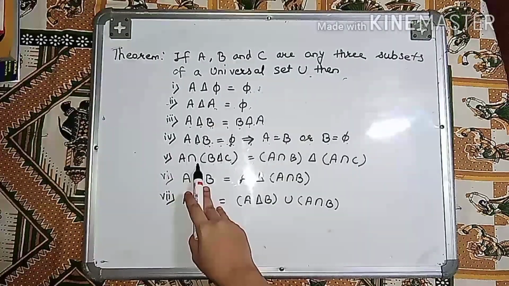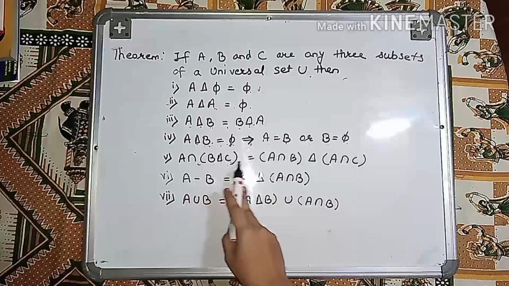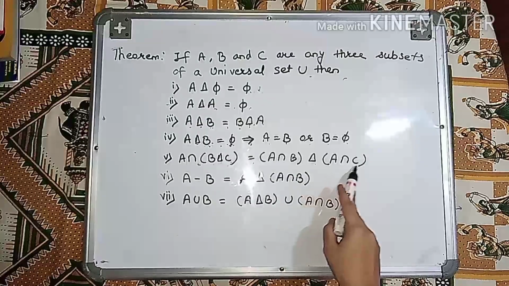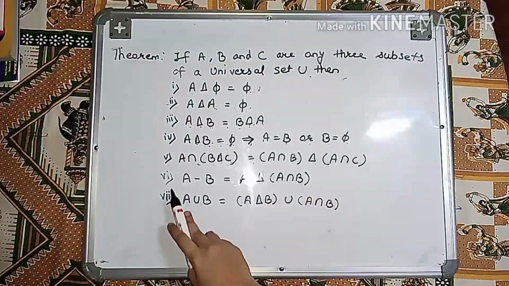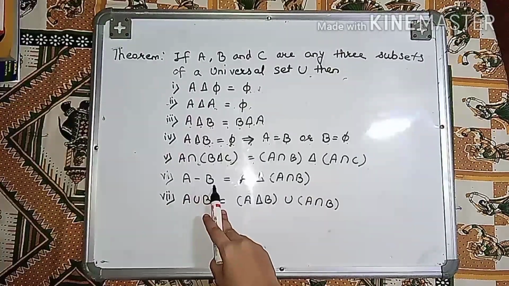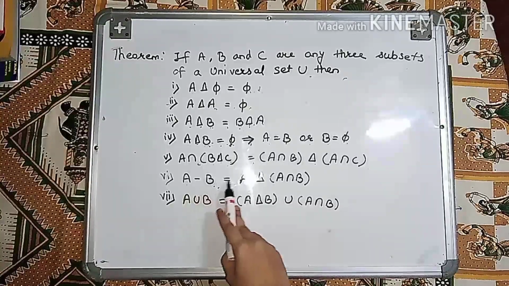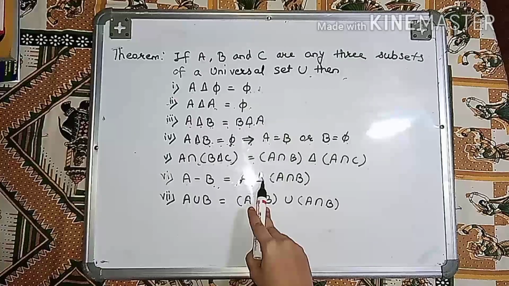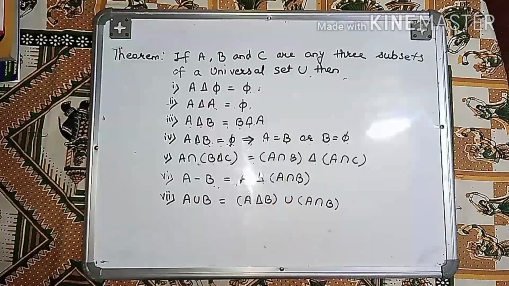Fifth is A intersection (B delta C) is equal to (A intersection B) delta (A intersection C). Next, A minus B, meaning A difference B, is equal to A symmetric difference (A intersection B).